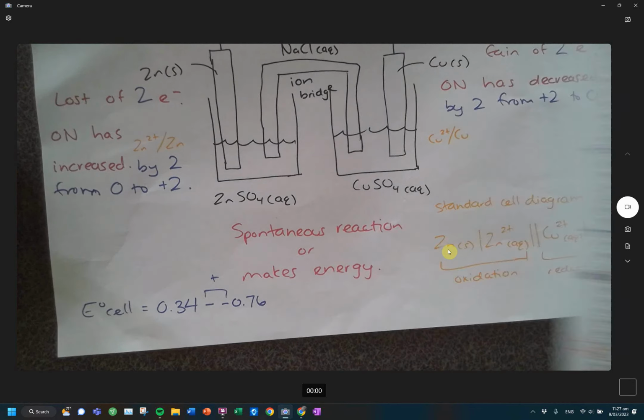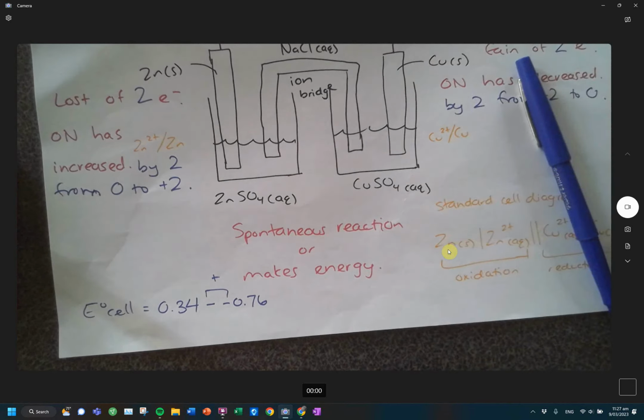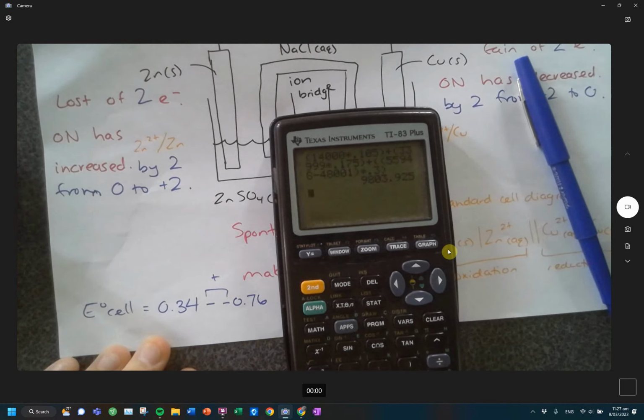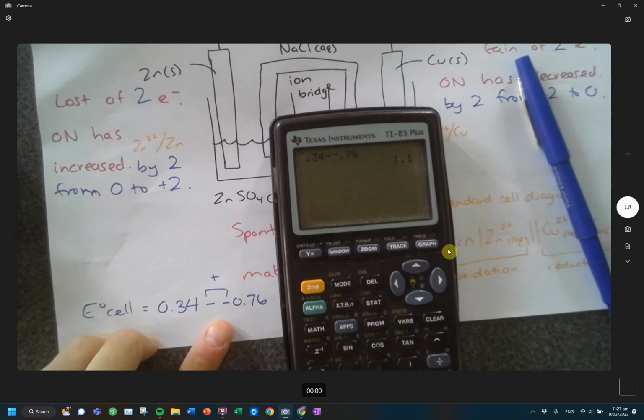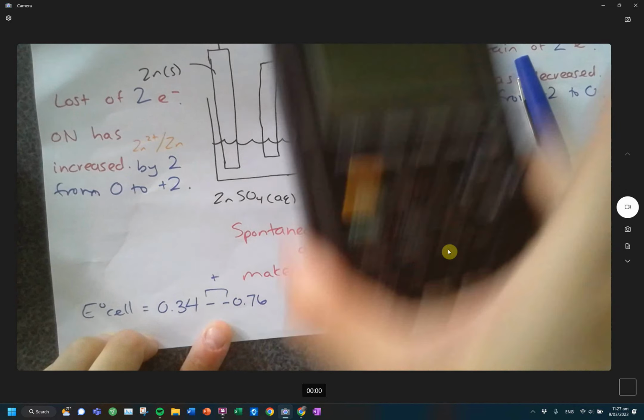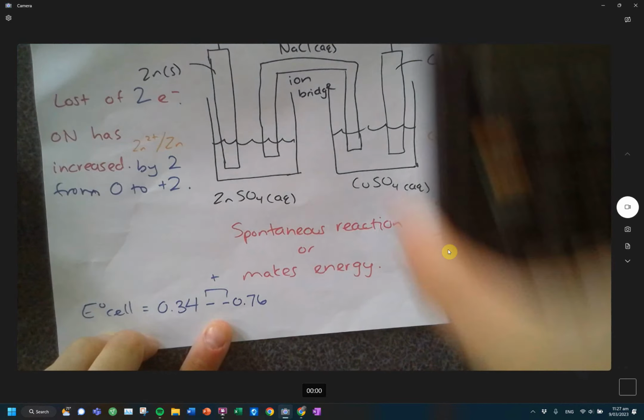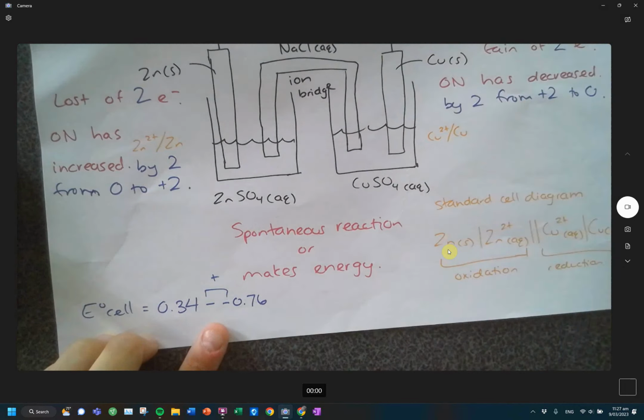So I'm going to actually add those 2 numbers together because the negatives cancel out. If you put it into a calculator, it'll recognize that you're trying to subtract, so you're trying to basically add. 0.34 minus a negative 0.76 is 1.1. You have to be mindful that sometimes you're subtracting a negative number.